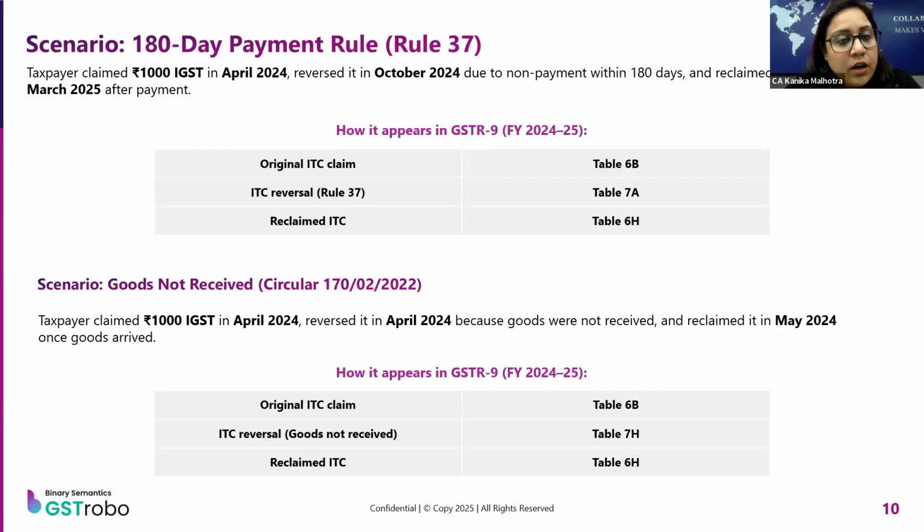So in those cases, when you reverse in the earlier financial year, like suppose in 2023-24 you reversed those ITCs and you're again reclaiming them in 24-25 when the same has been paid by the assessee or the taxpayer, this now becomes a fresh ITC, because the time could not be assessed in such cases. And the government has also given such relaxations that as and when you report all these ITCs, they will be treated for this scenario only for this financial year. So 6H will include these types of reclaim amounts that you have taken in this particular financial year.